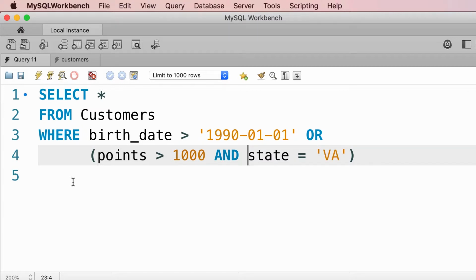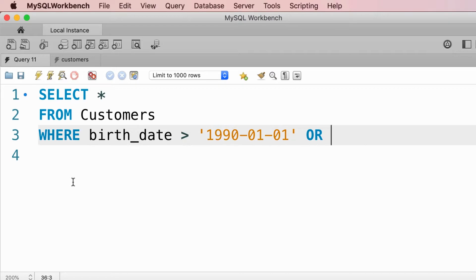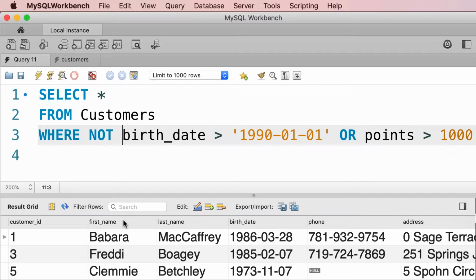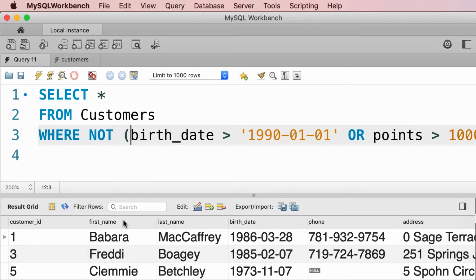Let me show you. So I'm going to simplify our where clause. Let's say we're searching for customers who were born after 1990 or they have more than 1,000 points. If we execute this query, we get these people, customers with ID 1, 3, 5, and so on. Now we can use the NOT operator to negate this condition. So we apply NOT here, and preferably we also put parentheses around this condition.